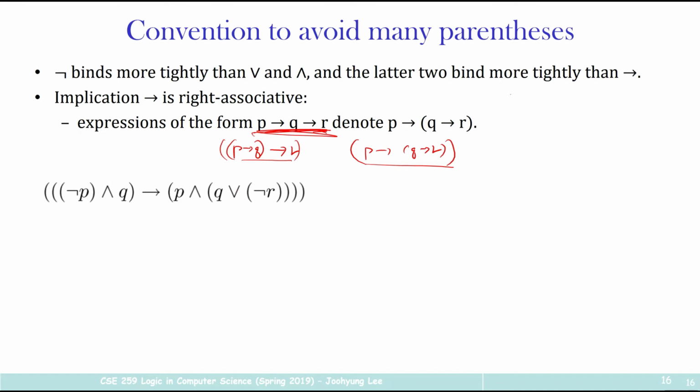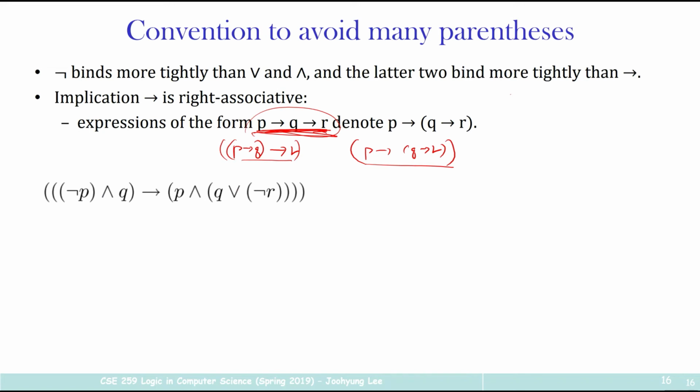This is usually not a good way to write the grammar, but we are going to introduce the convention. If you see this kind of string, the parenthesis is going to be on the right first. So if you see P implies Q implies R, we'll say Q implies R is evaluated first, and then the next one.